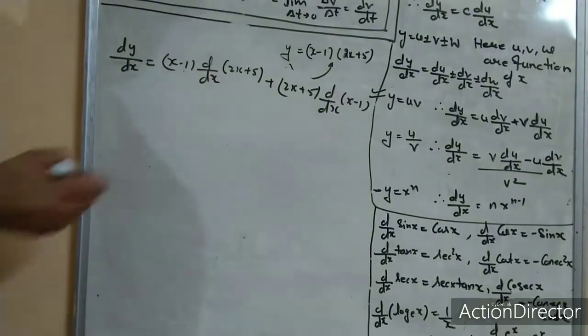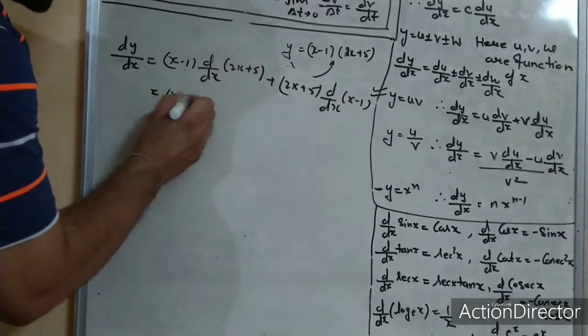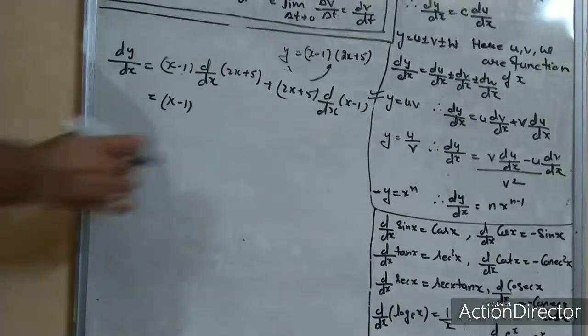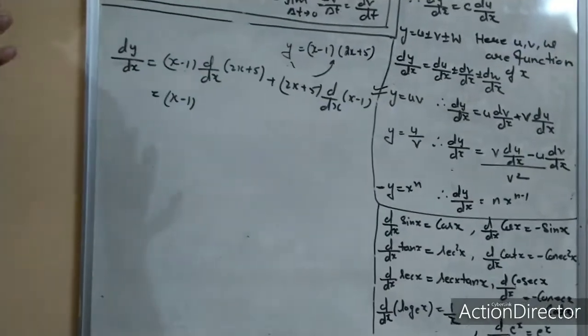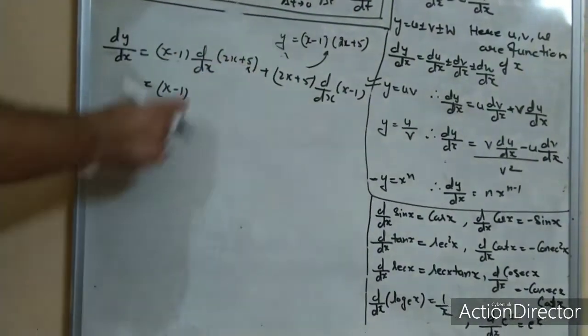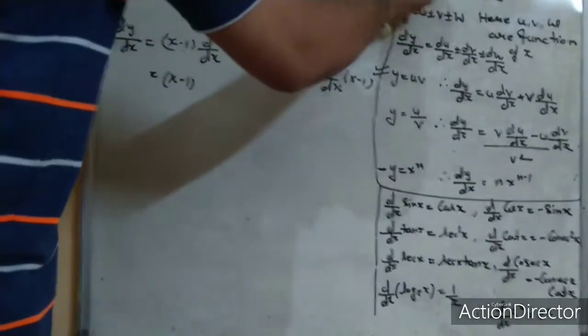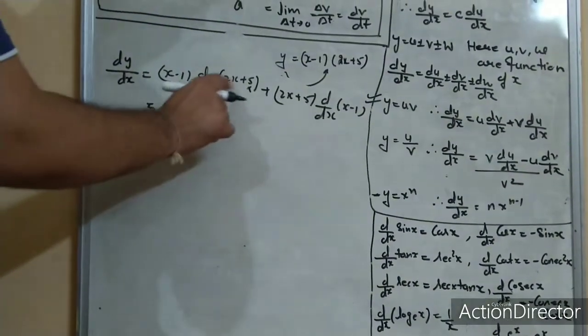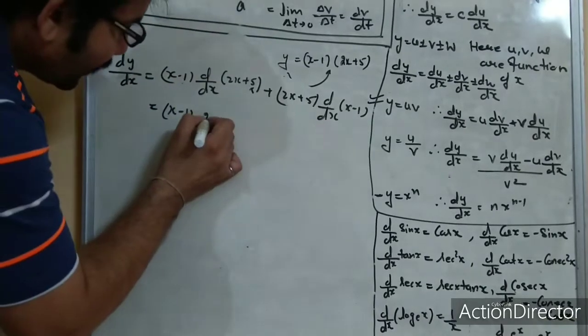Now solve it. This is x minus 1 and it will be 2x, with 2 taking outside, x to the power 1. The derivative of a constant 5 is 0, listen, the derivative of a constant is 0, so this part becomes 0. But we are following c into u, c taking outside, differentiation means 2 taking outside, differentiation of x to the power 1, so just 2 comes.